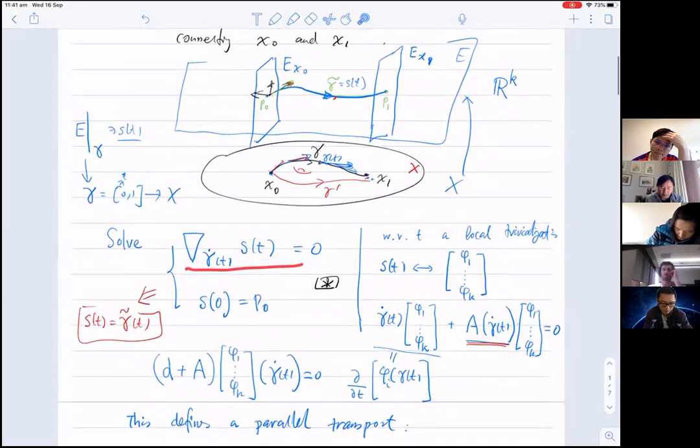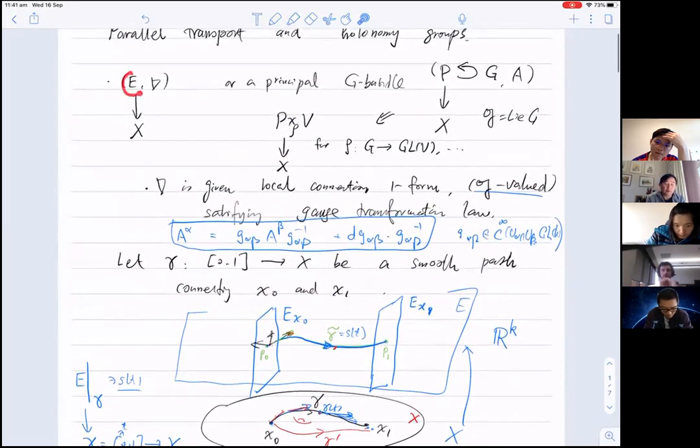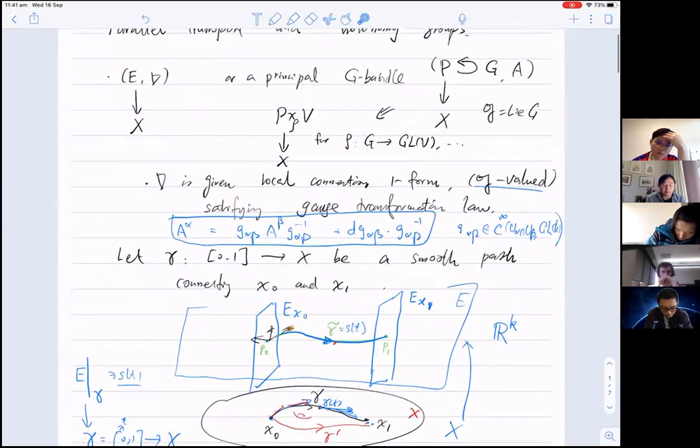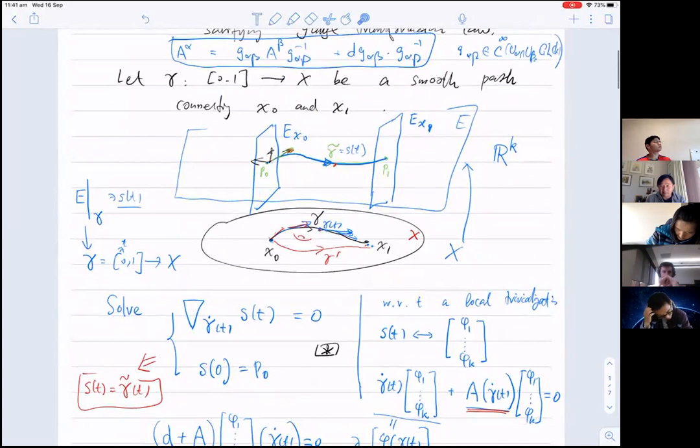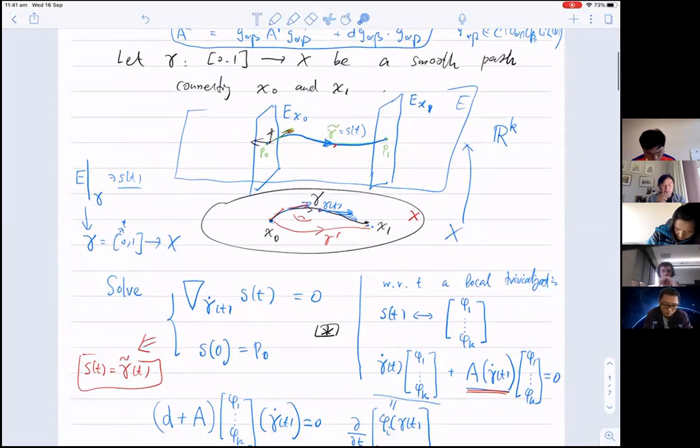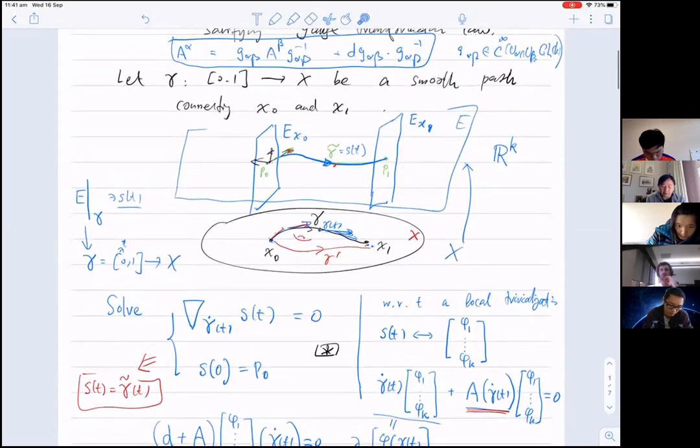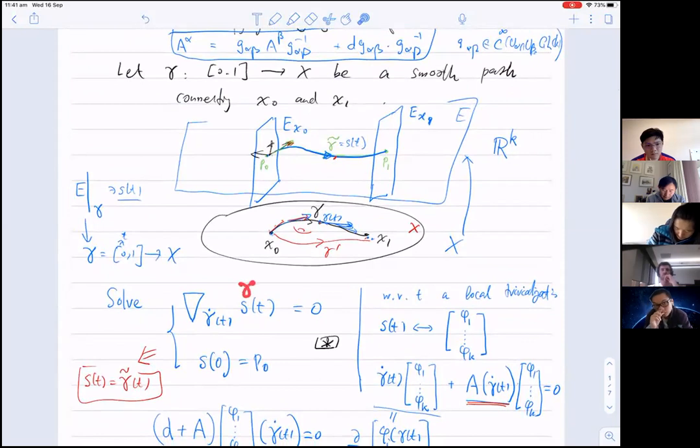For example, if you take the tangent bundle, and the connection is, let's just say, the compatible Riemannian Levi-Civita connection, then for the geodesic, this will be gamma(t) with its tangent vector, and the tangent vector is parallel to itself.